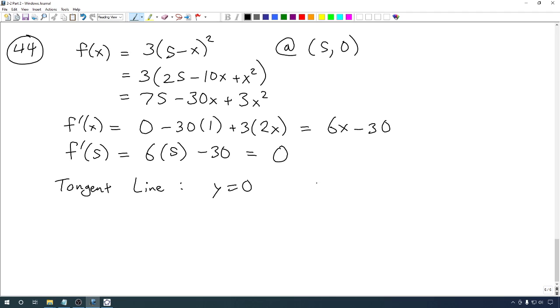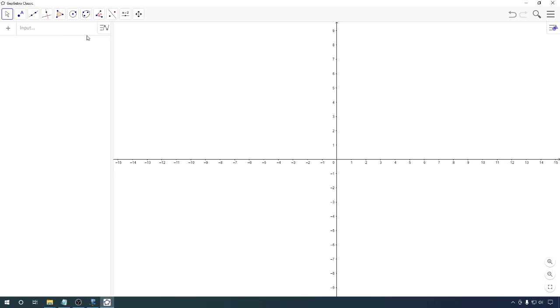But this also has another name. This is the x-axis. The x-axis itself is the tangent line to this curve at that point. And in fact, if we go ahead and graph it, so it's 3 times 5 minus x squared, if you look at the point 5, 0, it's actually at the vertex of this parabola. And hopefully it should be rather clear that our x-axis is just going to be our tangent line there.